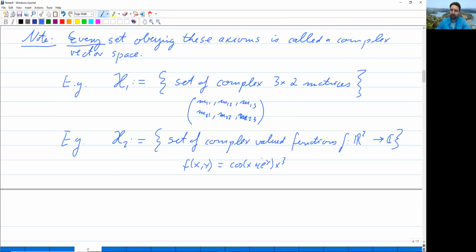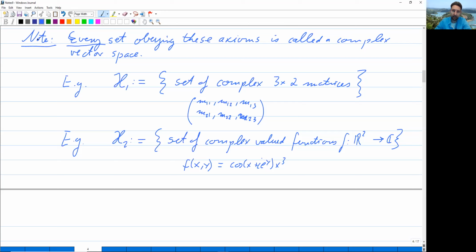So you see, the axioms can apply to a wide variety of sets. And this is where math derives most of its power from this abstraction.